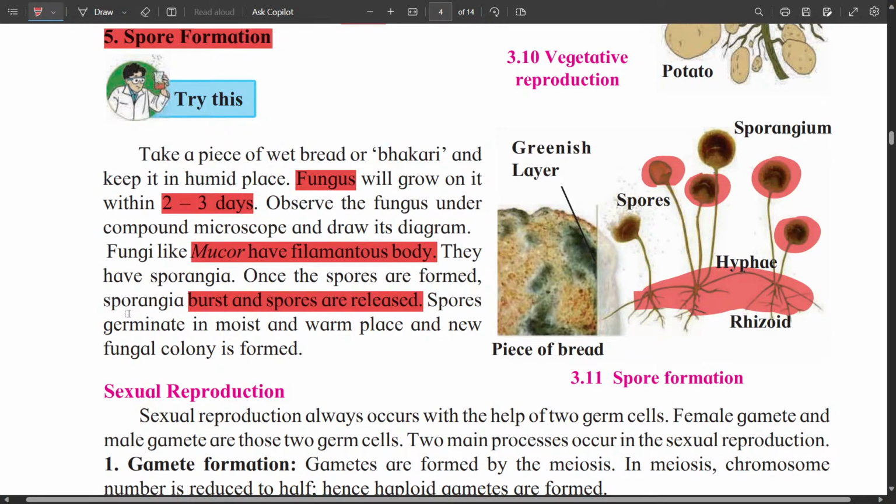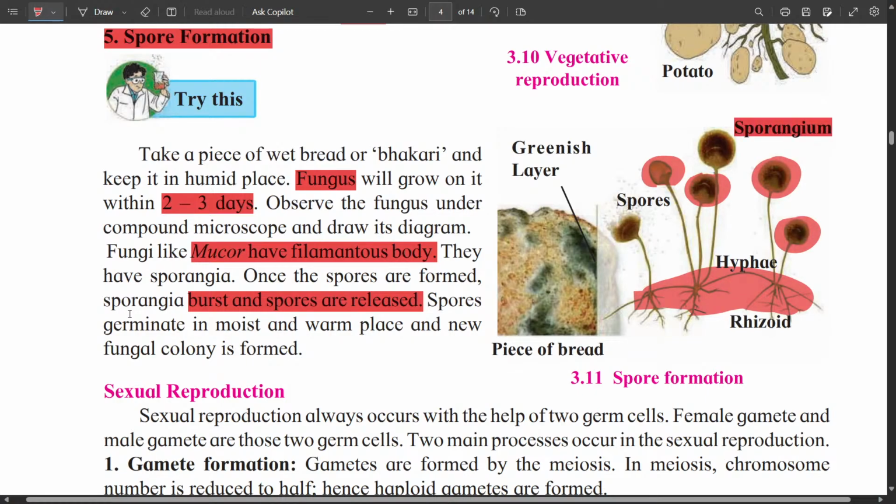That's why mucor grows on the wet bhakri or bread, because the spores are present. These spores land on that wet bhakri or bread, then one generation of mucor grows there, and then it creates a new generation of spores.